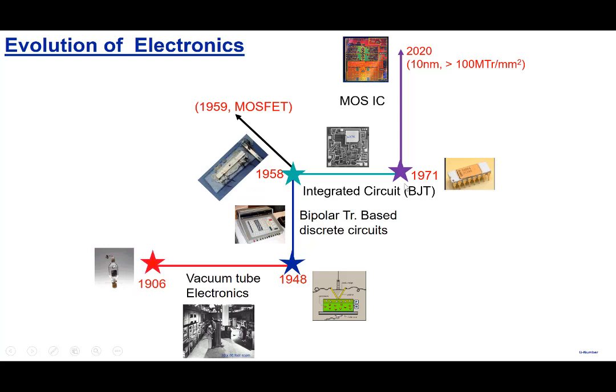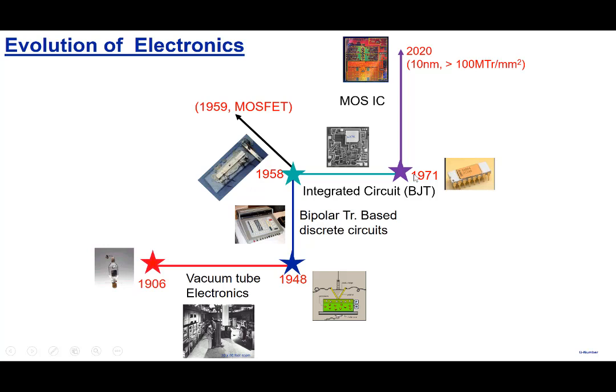And another thing that happened was, if you want to make complex circuits with hundreds or millions of transistors, without the circuits becoming too large, you need transistors which are very, very small. So over the years, the transistor size has shrunk almost every year and a half or 2 years.